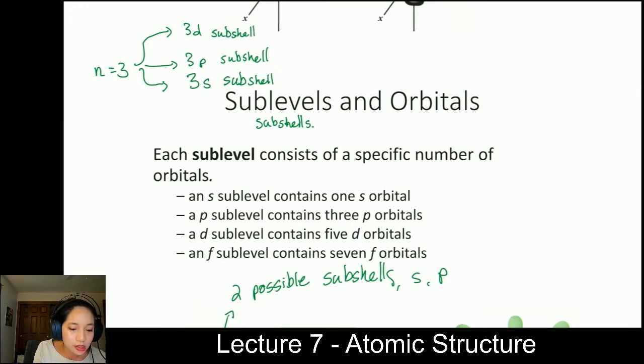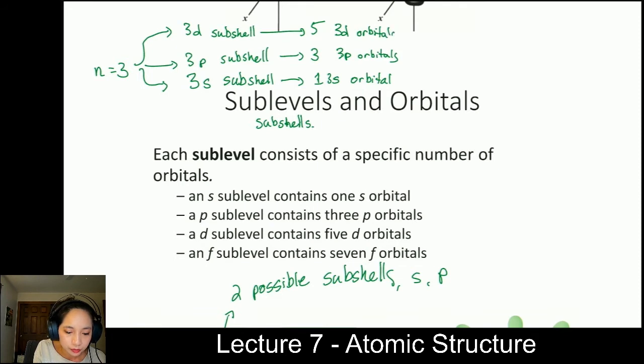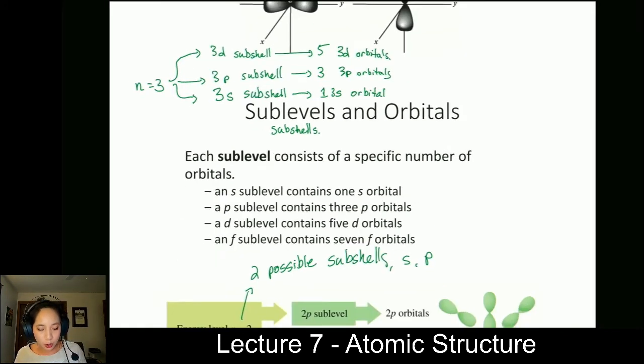And within those subshells, we have specific orbitals. So still, we only have one 3s orbital. We can have three 3p orbitals. And within our 3d, there are 5 possible 3d orbitals. And you can do this for n equals 4, n equals 5 as well.